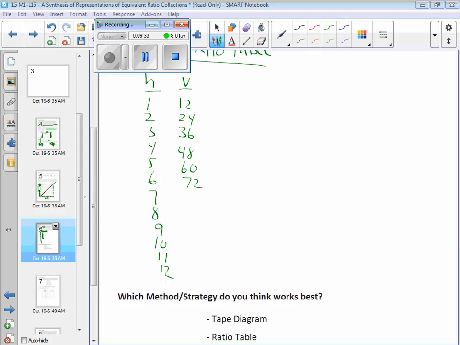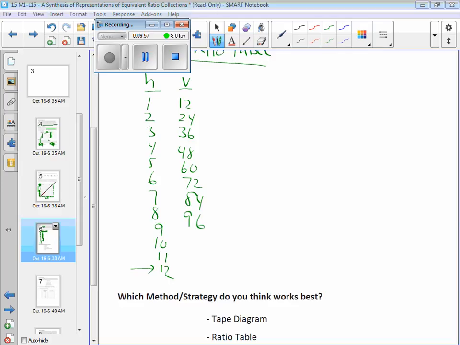If I choose to use an equivalency ratio table, I've got to keep going with the table. So 7 to what? 8 to what? Remember, I have to get here because 12 hours is the value that I need.